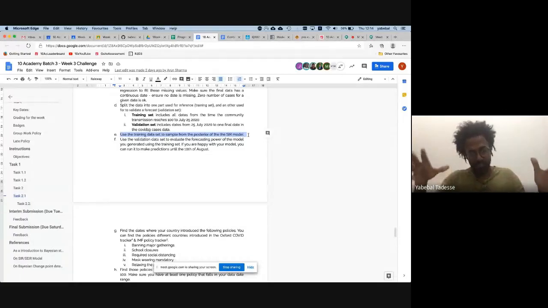Normally the likelihood is what we call the data generation model, and in this case the data generation will be the SIR model.